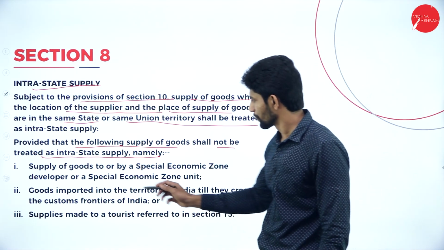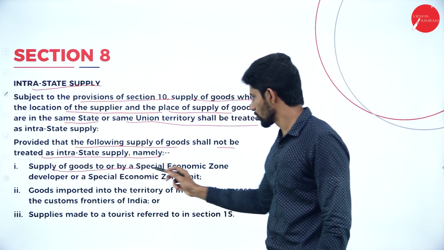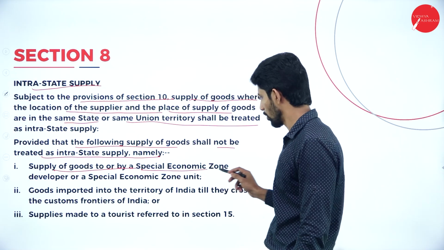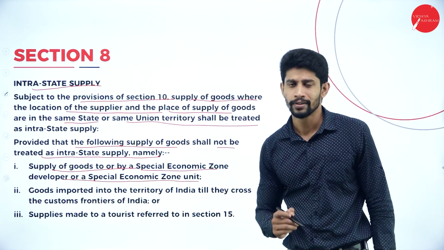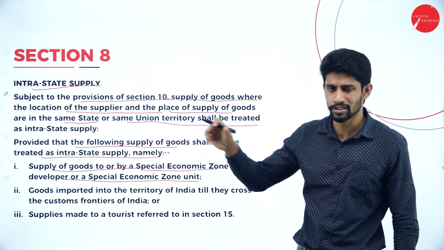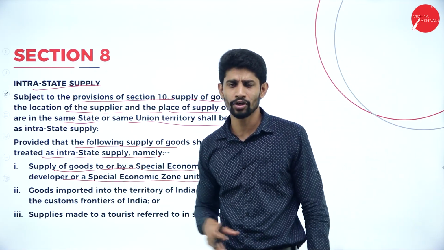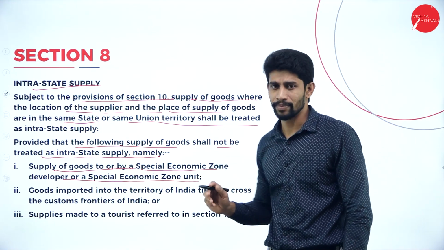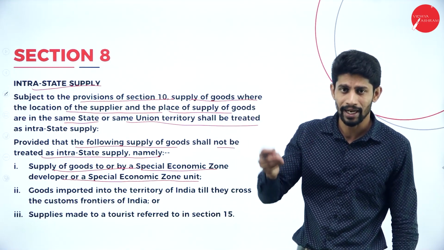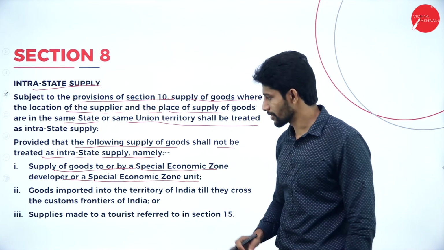So which are those? The first one, supply of goods to or by special economic zone developer or special economic zone unit. So if you are supplying the goods to a special economic zone, special economic unit, then it will not be considered as intrastate supply even though the supplier and the recipient are in the same state.